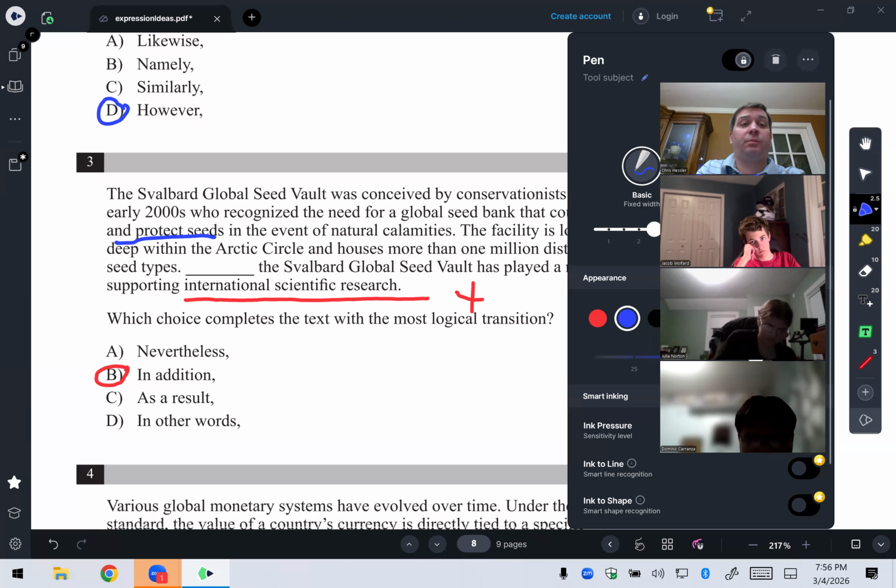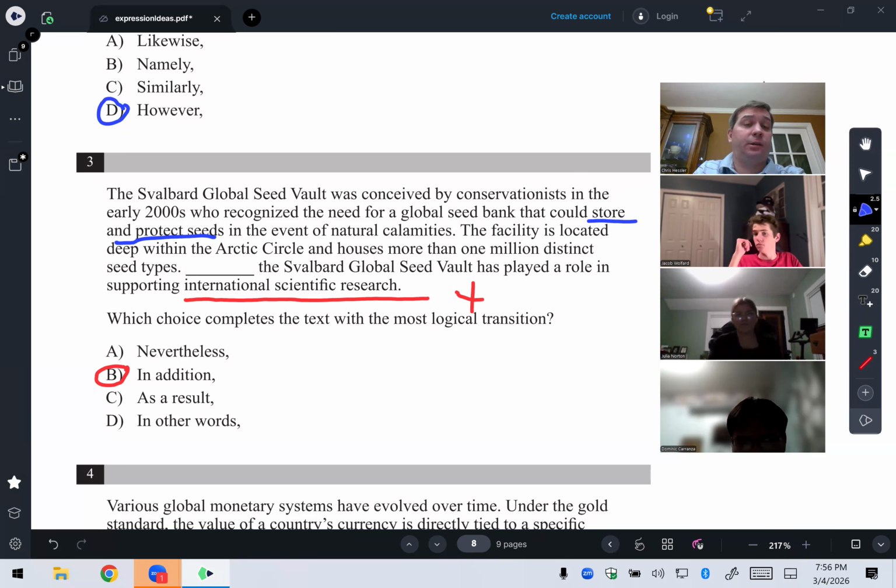That's not just storing and protecting seeds, that's experimentation or whatever. So that's in addition. In addition, the Svalbard Global Seed Vault has played a role in supporting international scientific research. All right. Yep.